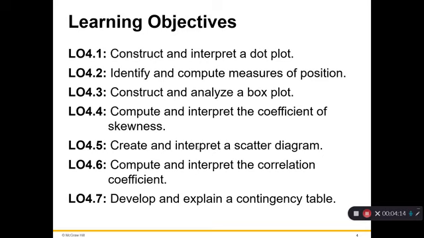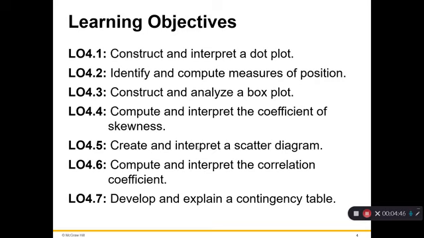In chapter 4, we will learn how to construct and interpret a dot plot. Chapter 4 is focused on data visualization. So we will talk more about the dot plot, what it is and how it is used. The second objective is identifying and computing measures of position.